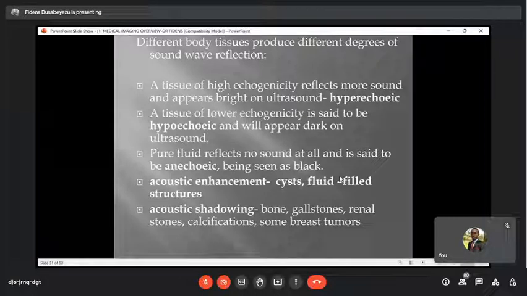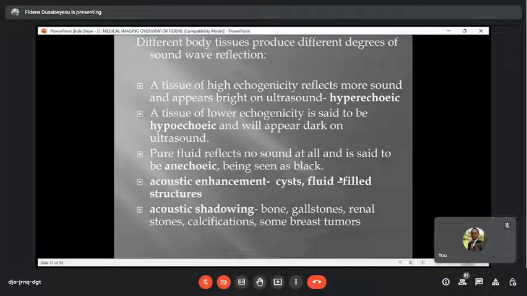The level of darkness is different. For hypoechoic, it's dark, but not that totally dark black. For anechoic, it's totally dark because nothing has come back. You understand? Yes, it's clear.